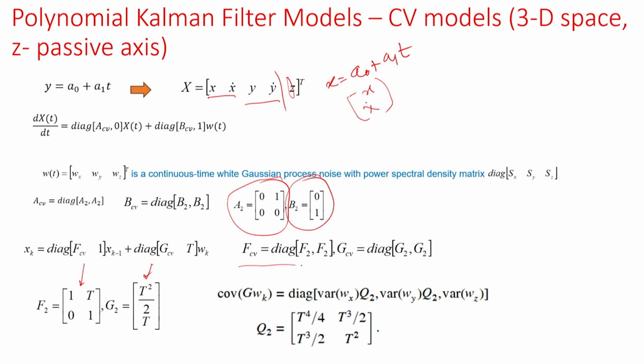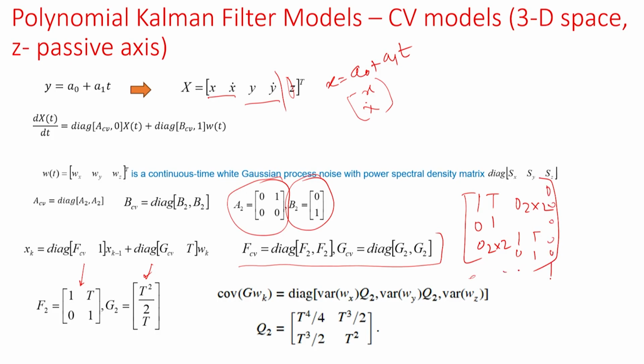So the F CV model will be something like this: 1 T 0 1, 1 T 0 1, with 0 blocks of 2 cross 2. This is your state transition matrix, assuming I do not have any z. If z is there, then there will be a 1 in the extra position, that is all.